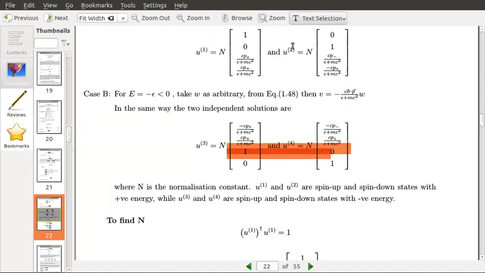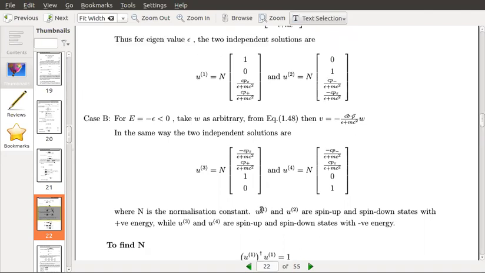Now for all the components we have put the same normalization factor N. Now we can find the normalization factor N. That is also one of your homework. And before that we can consider that U1 and U2 are positive energy states, spin up states with positive energy.